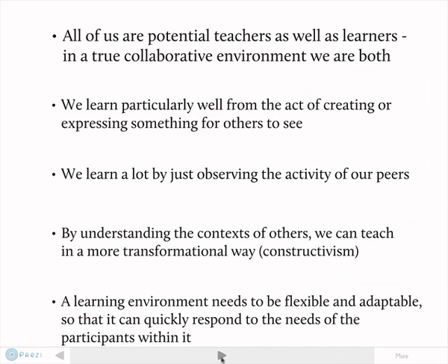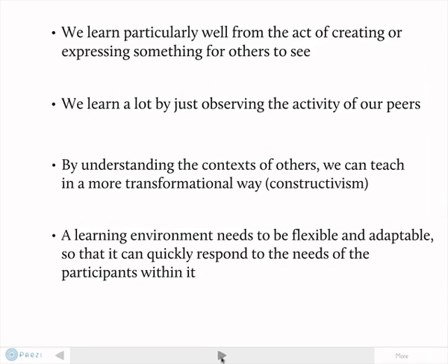By understanding the context of others, we can teach in a more transformational way. This is constructivism. And a learning environment needs to be flexible and adaptable so that it can quickly respond to the needs of the participants within it. Those of you familiar with social constructivism will know that these are basic tenets that guide that particular teaching theory.